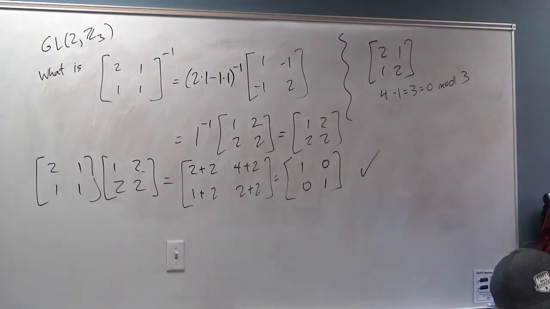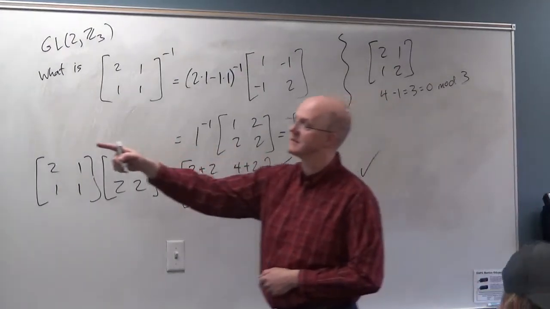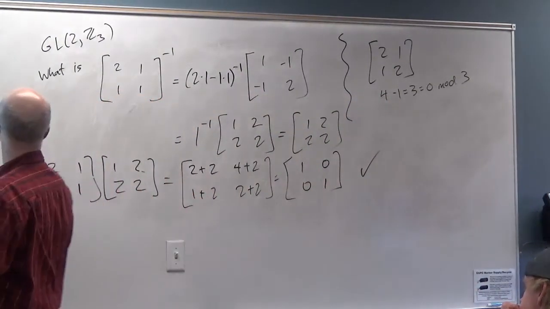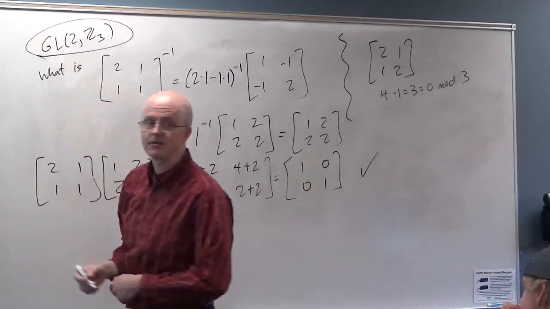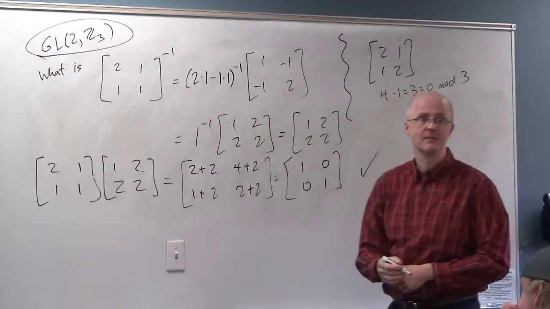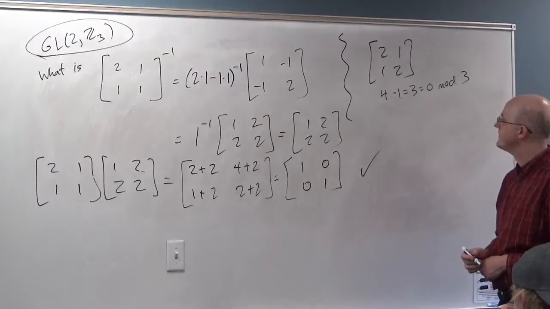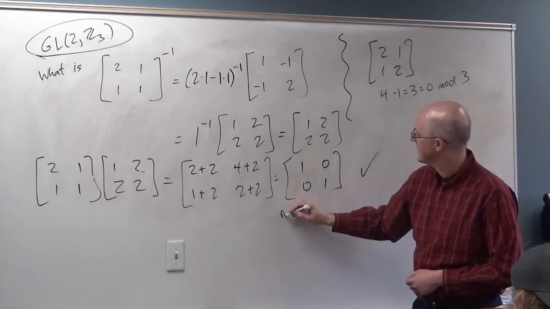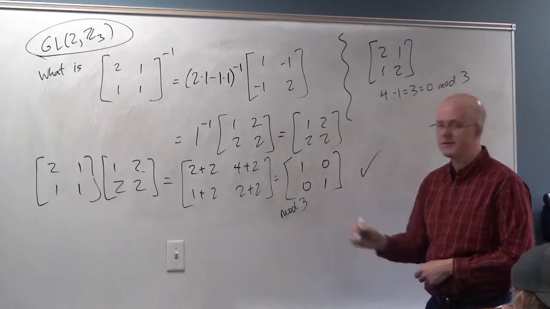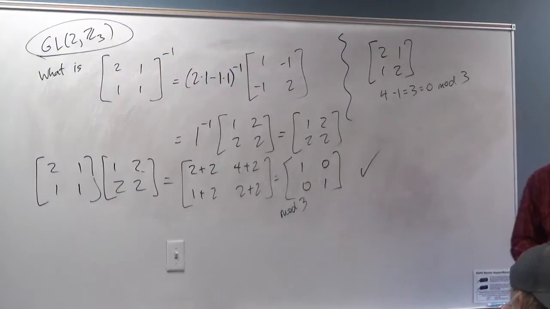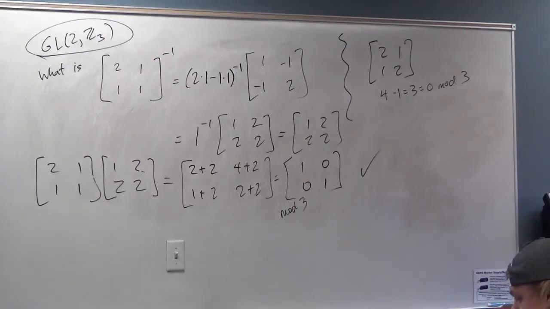That's not invertible. It's actually not even an element then of this group, because it's not invertible. When you write these things, you should technically always be writing the mod 3 to remind yourself and to remind the reader that you're doing these mod 3.